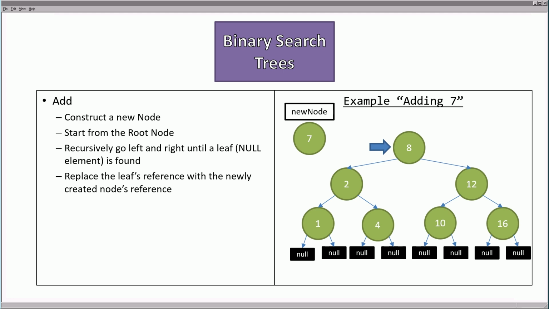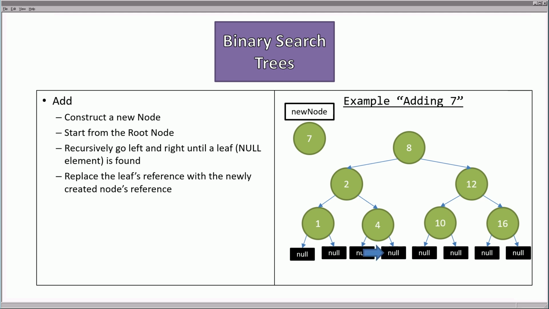So starting from right here, this is not a leaf element because it is not null. Also, 7 is less than 8, so we have to go left. Now we're here. This is not a leaf. Also, 7 is greater than 2, so we must go right. This is not a leaf. 7 is greater than 4, so we have to go right.